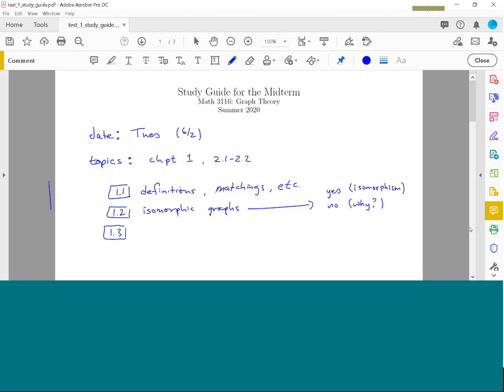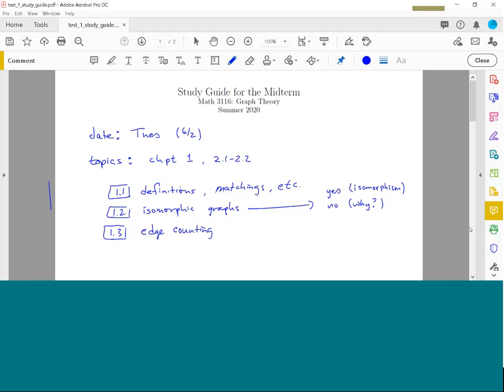In section 1.3, this is where we did our edge counting. So this is where you could be given a situation where you're told, hey, if we've got X number of vertices and we know this about them, like what their degrees are, how many edges are in the graph.